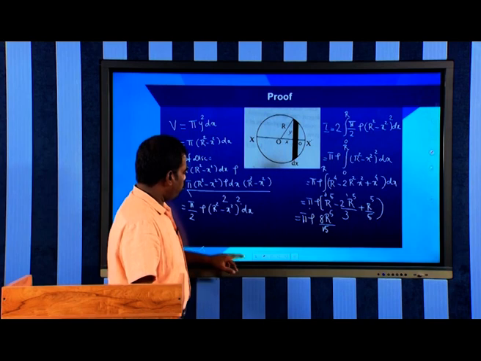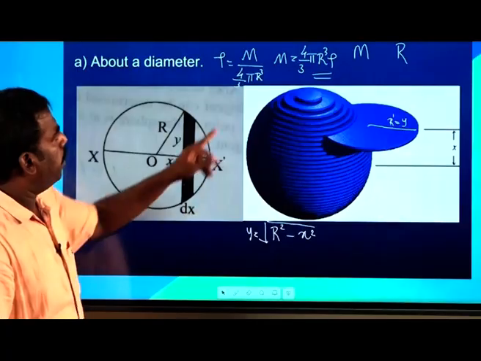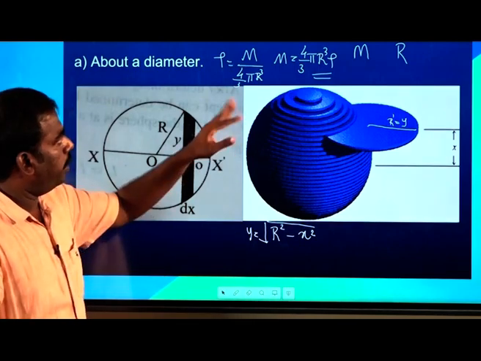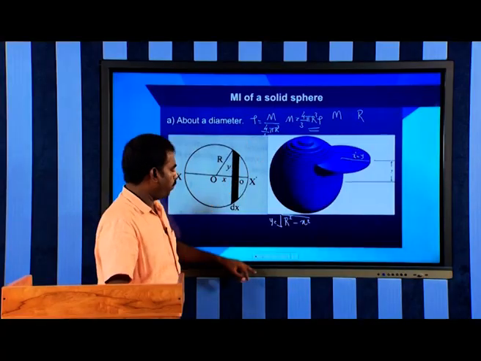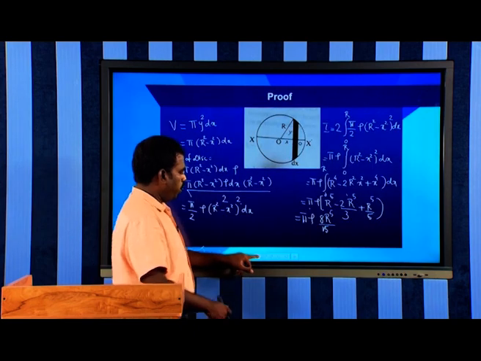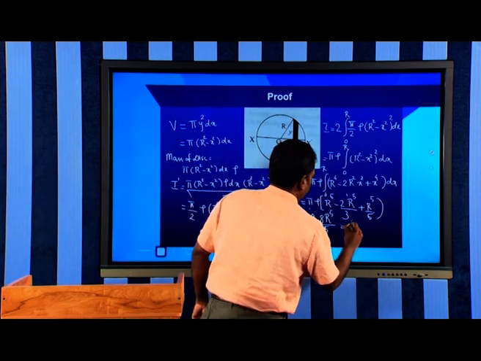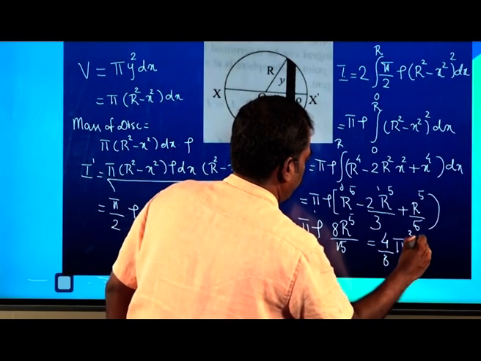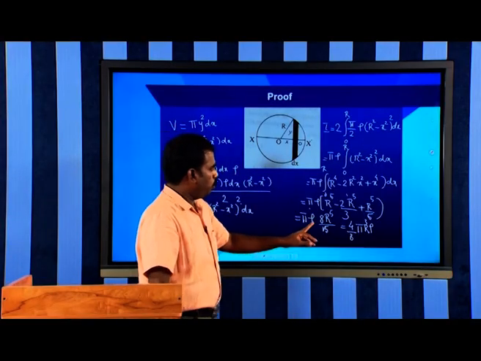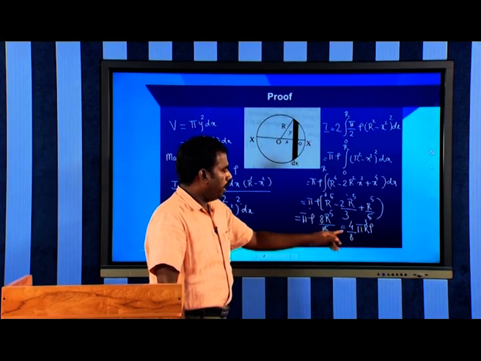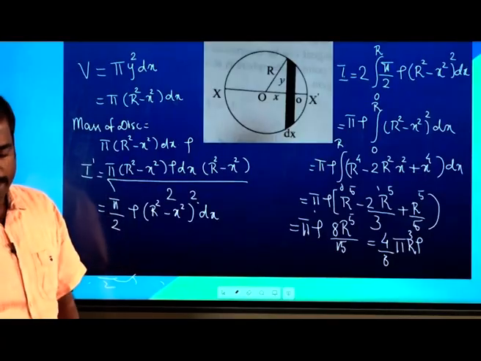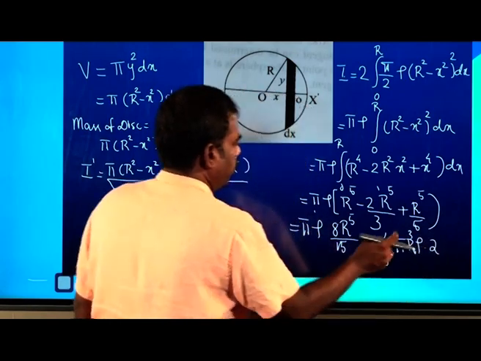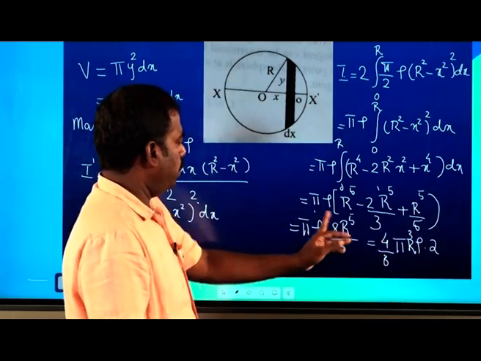So here, what is the expression for the mass? The mass is 4 by 3 pi r cube rho. So we need to group these terms as 4 by 3 pi r cube rho here. What is remaining? 4 by 3 pi r cube rho into 2, because 8 is here, so we take 4, then 4 into 2 is 8.